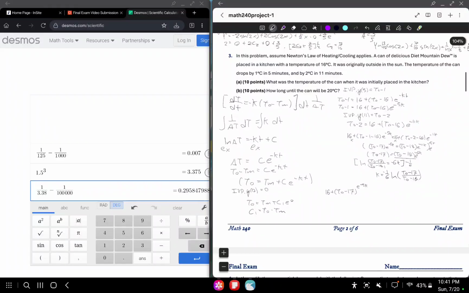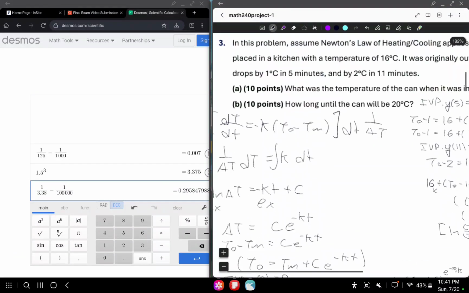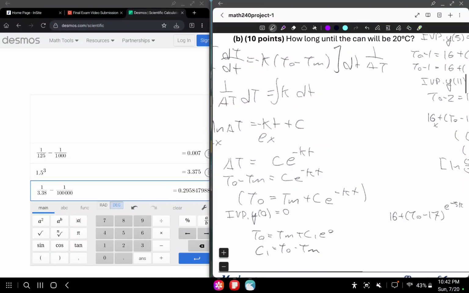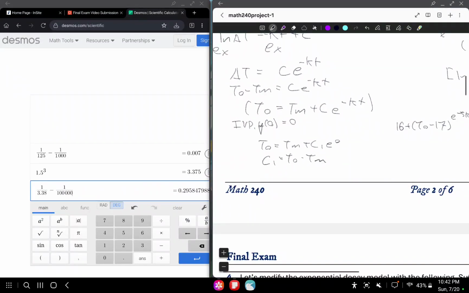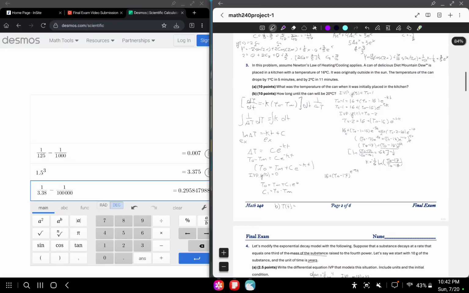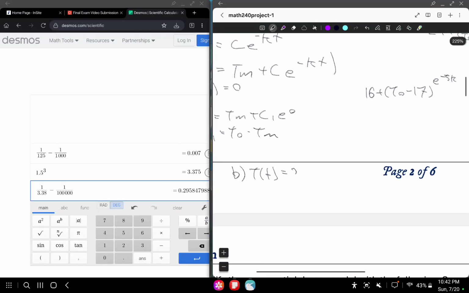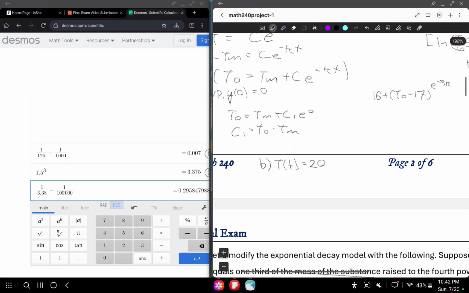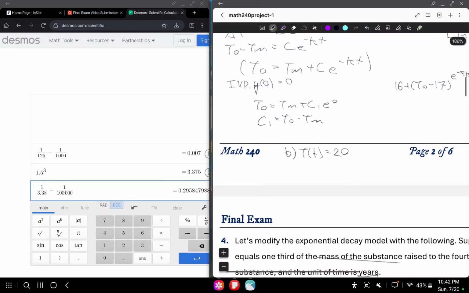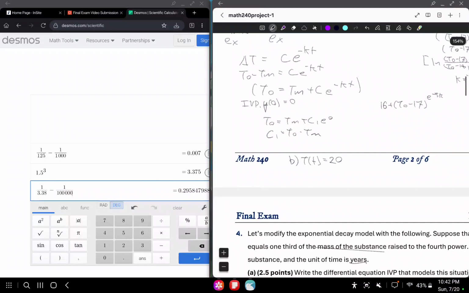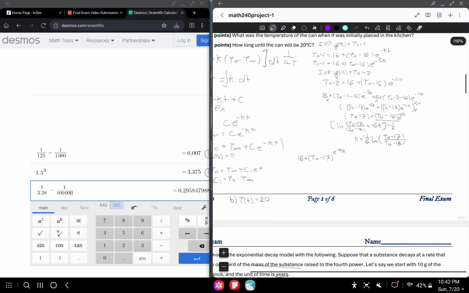Let's just see how long until C, which is basically the half-life part. So just for B, if I don't ever find out, T equals 20, and 20 is equal to 16 plus T0. I need the temperature.